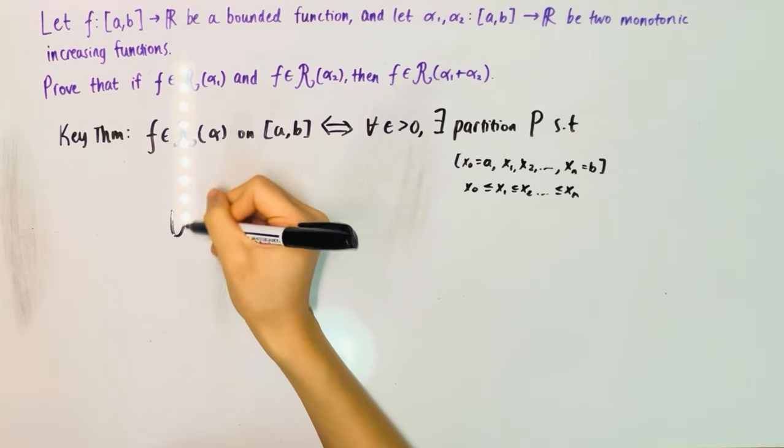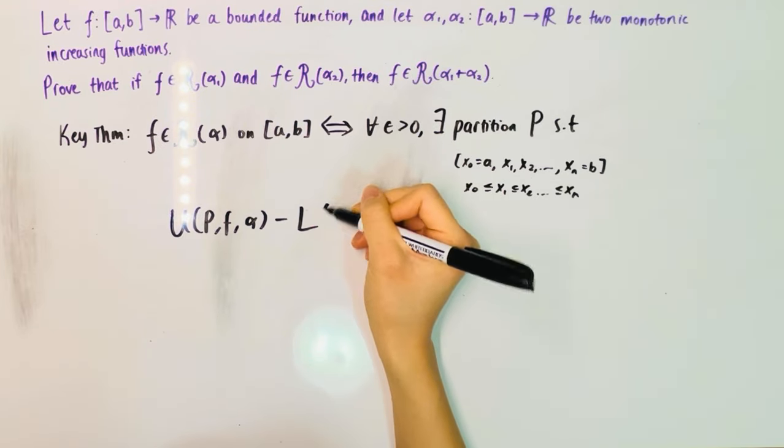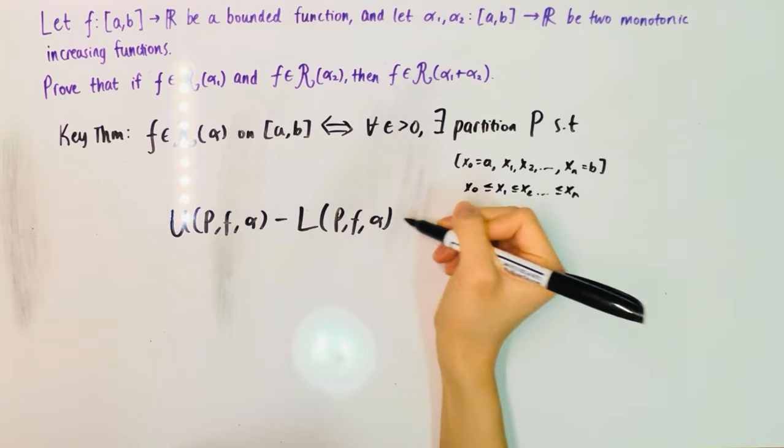and this is key, U(P, f, alpha) minus L(P, f, alpha) is less than epsilon.